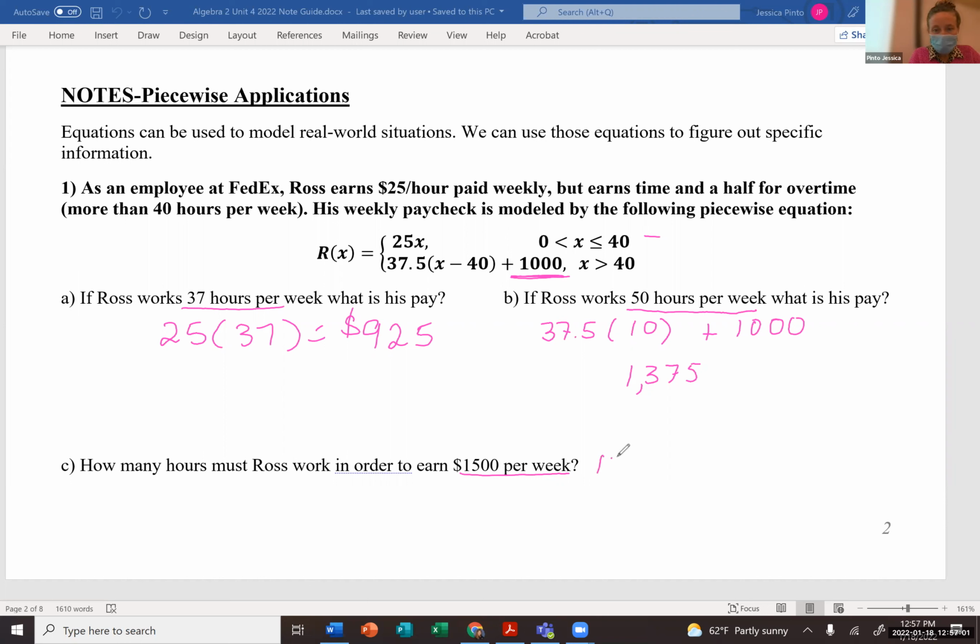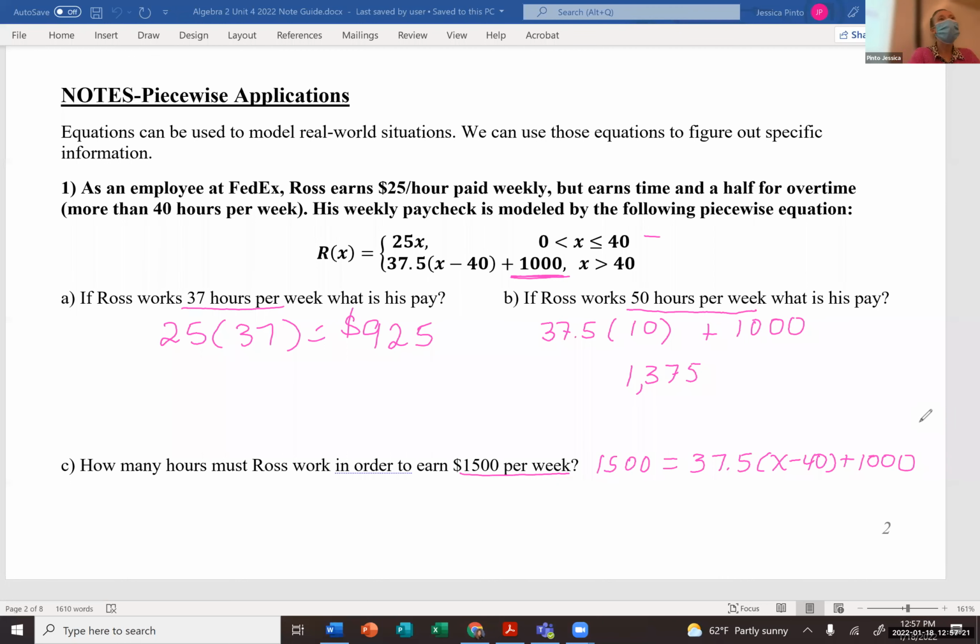So that's going to say 1,500 is equal to 37.5 times X minus 40 plus 1,000. And then I'm just going to solve for X. I'm going to subtract 1,000. I'm going to divide by 37.5. And then finally, I would add 40.